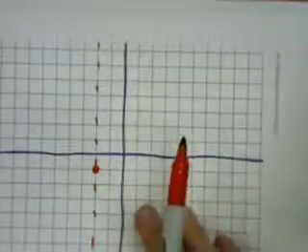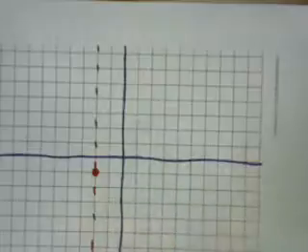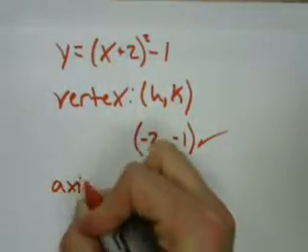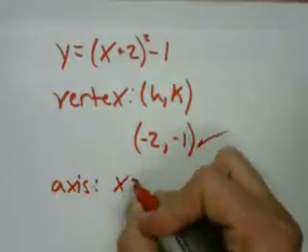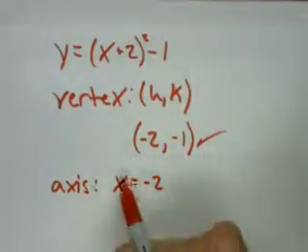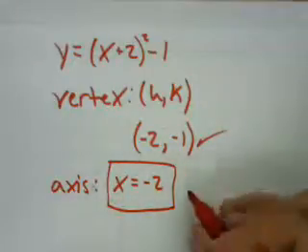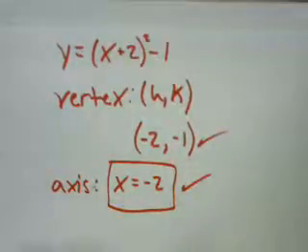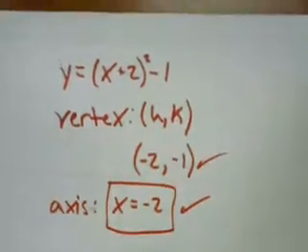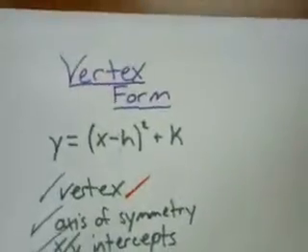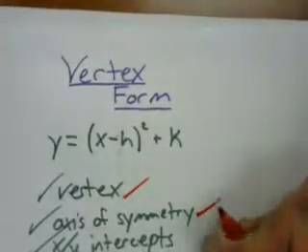If I pull back the original worksheet, I'm going to write axis of symmetry: x equals negative 2. And this is an equation. You need this whole thing here in this box. That whole thing is the axis of symmetry. So that's what we got.